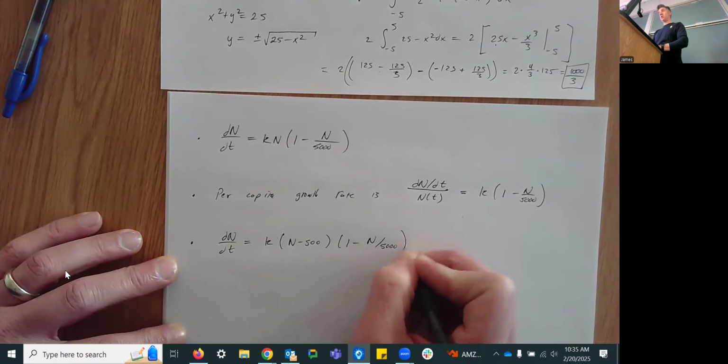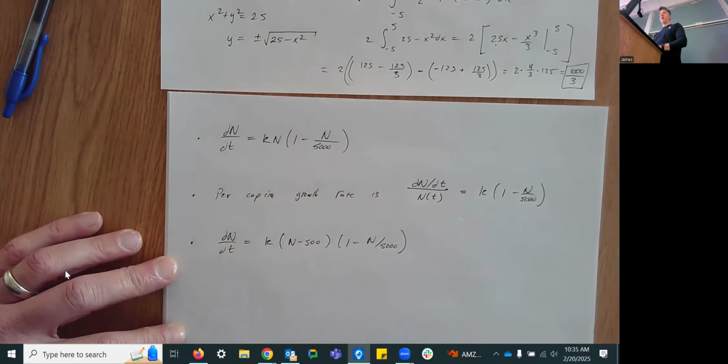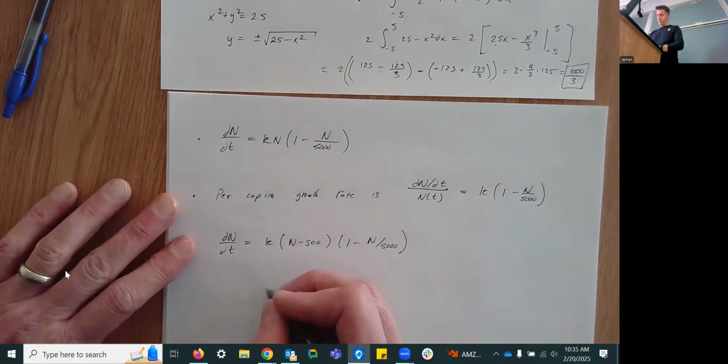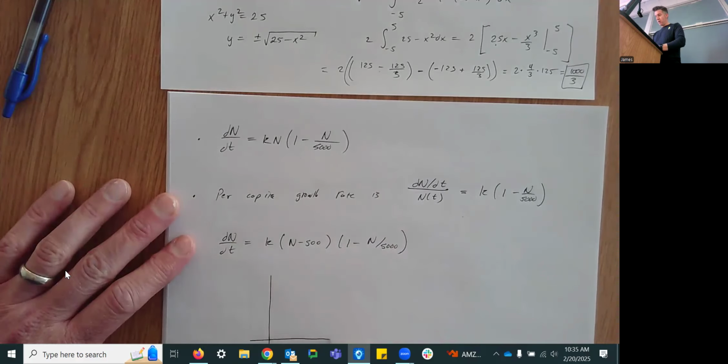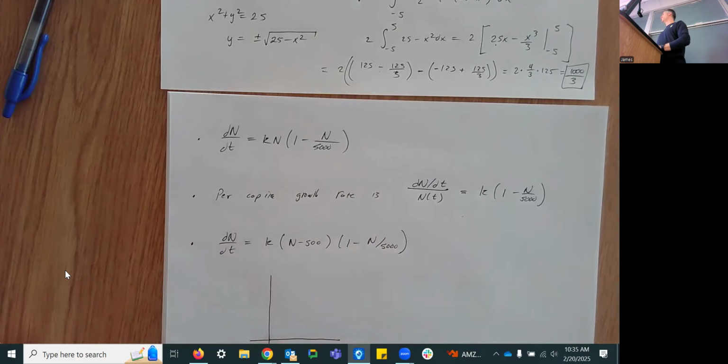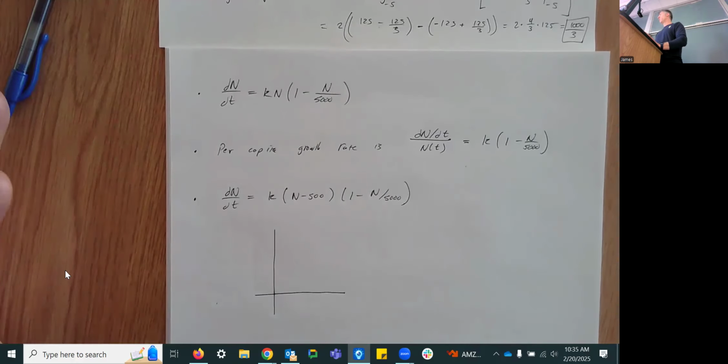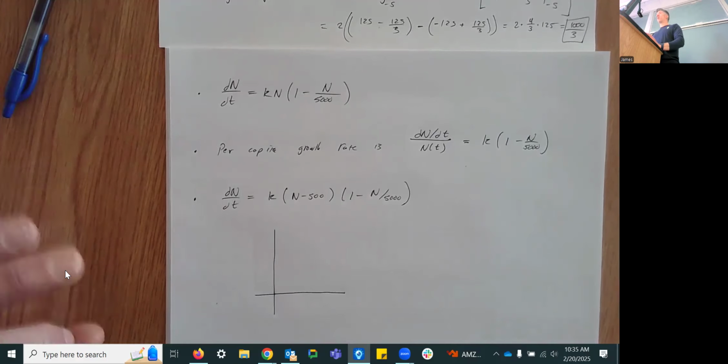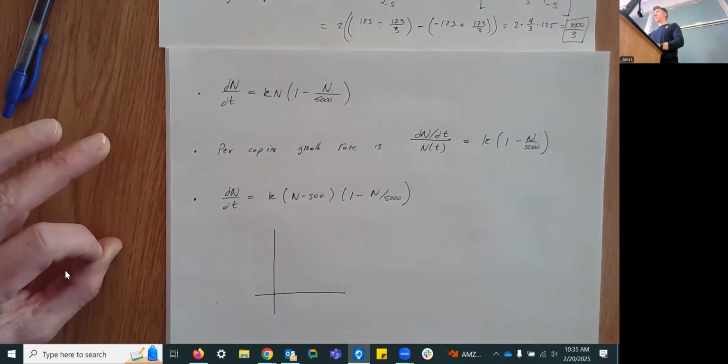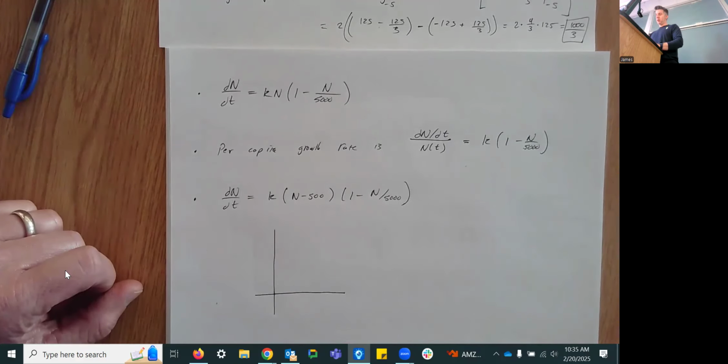But honestly, the best way to check this is to draw the little graph of the phase plane. So if we draw the phase plane here, let's take a look. Let me ask everybody, based on just the equation I've written, what kind of typical graph shape should I have? Is there an m missing?